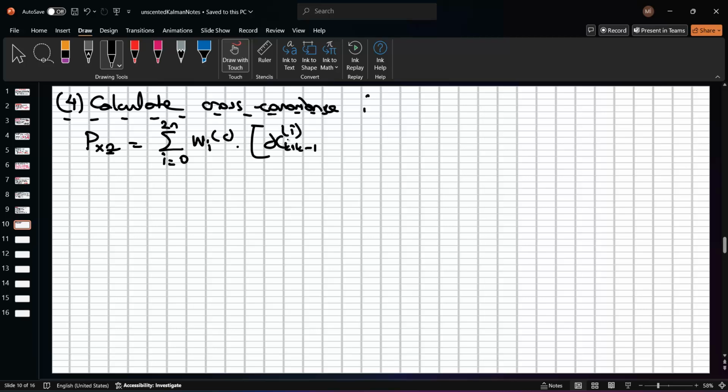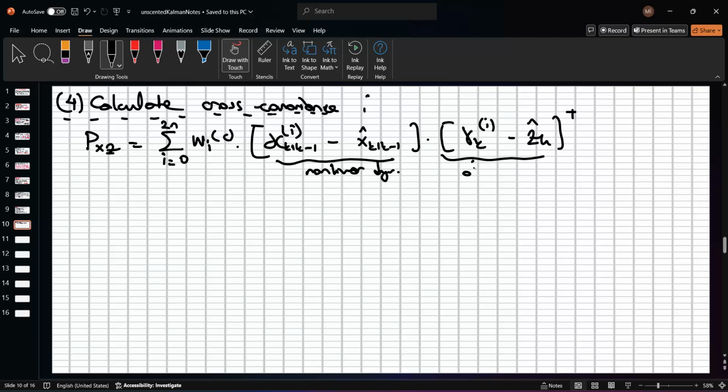See that? This is the nonlinear dynamics. Minus xk|k-1 hat, times this, which is our nonlinear dynamics error. And also we need gamma k minus zk hat, transpose. This is the observation, nonlinear dynamics.